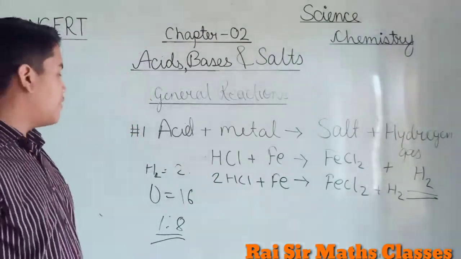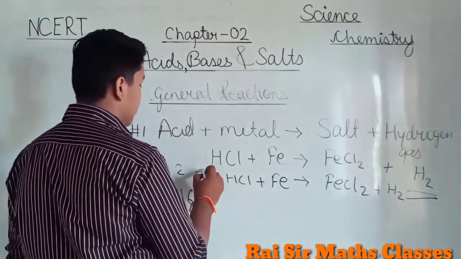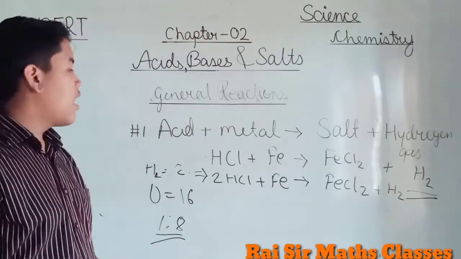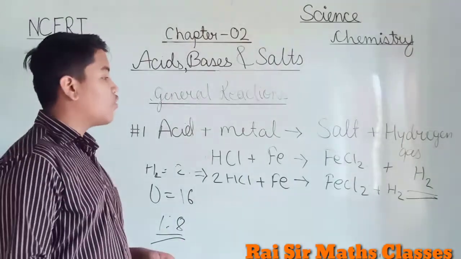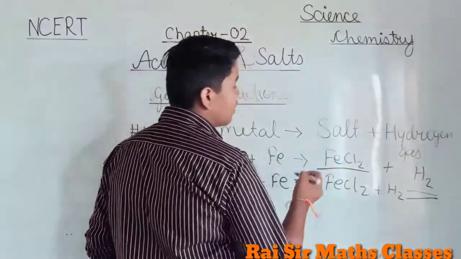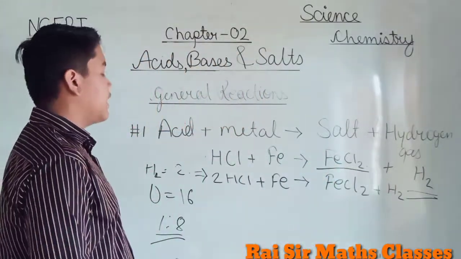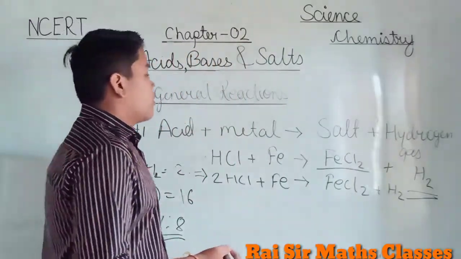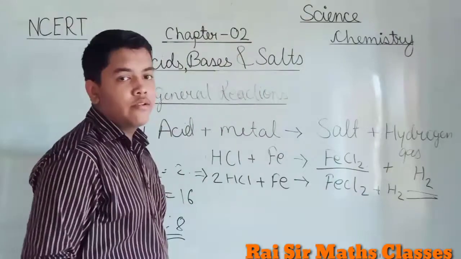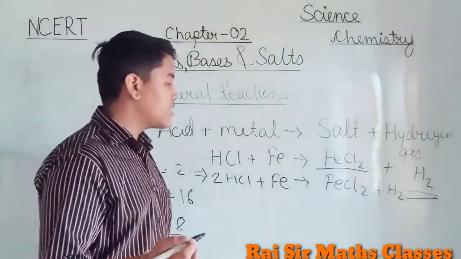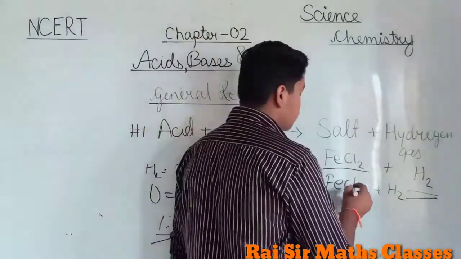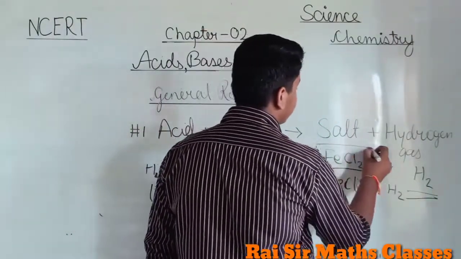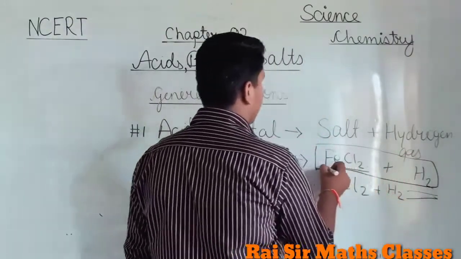In the exam, if it is asked to write the balanced chemical equation, you have to write this lower one. If it is generally asked what will be formed on the product side, you simply write FeCl2, iron chloride, and hydrogen gas is formed.